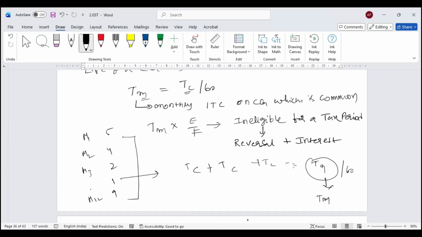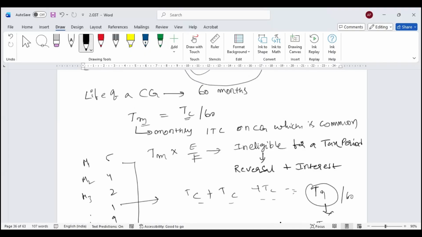TR is your result. TC is common credits. Common credits for each asset put into one common account called TR, which is a total running account. From running account divided by 60 per month, I am going to get my ineligible credits. Ideally, this is what to be done.